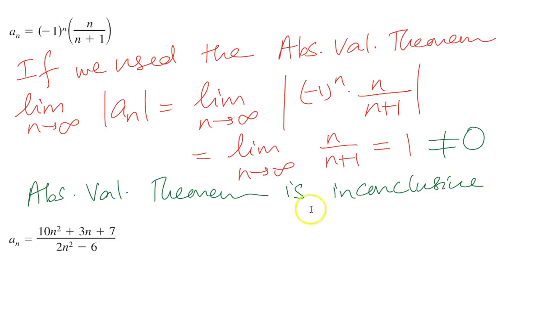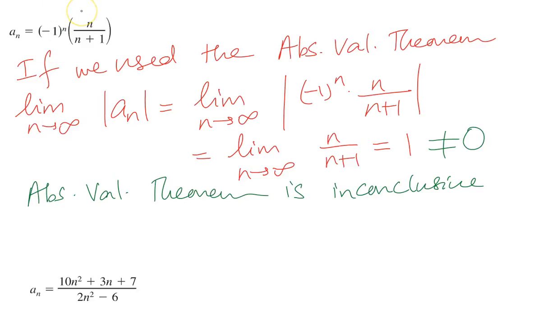Alright, then how are we going to find the limit of that sequence? Alright, so what we are going to do is, we are going to find the limit as n goes to infinity of a_n. Guys, you will notice that some terms are going to be positive, some terms are going to be negative, so the terms are going to be oscillating. And the terms are not going to be approaching a particular value.